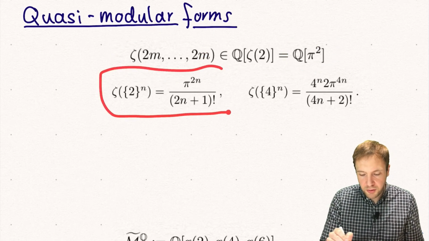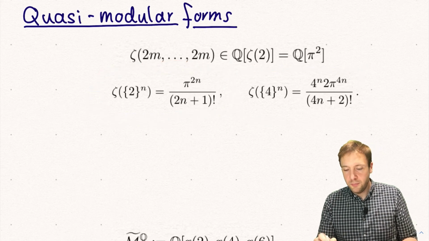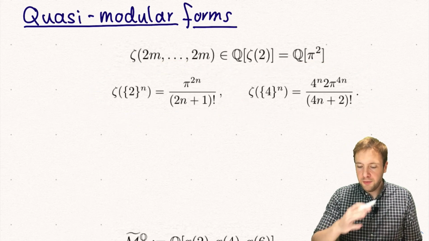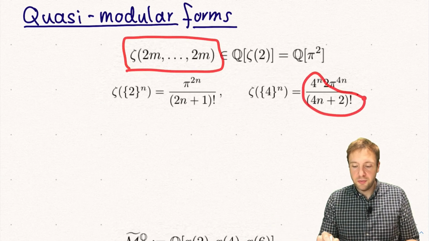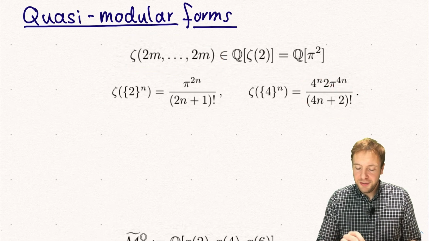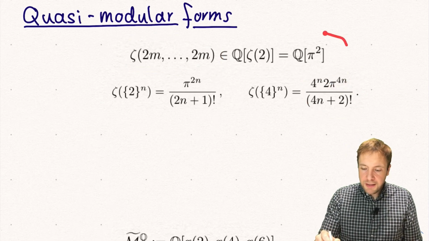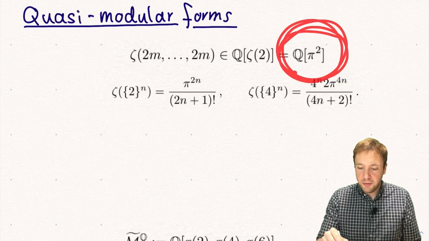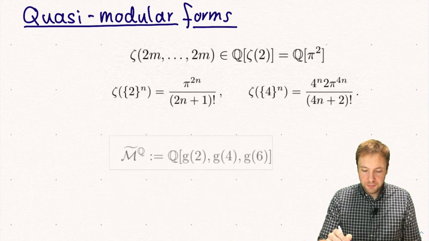And the explicit formula which you prove in your homework is this formula, and also this formula we saw before. And they are also explicit formulas for these as explicit rational coefficients times the power of pi. And we now want to talk about the analog of this space here, which is given by this.